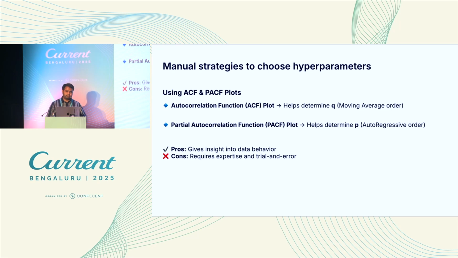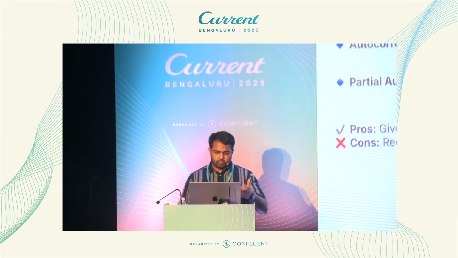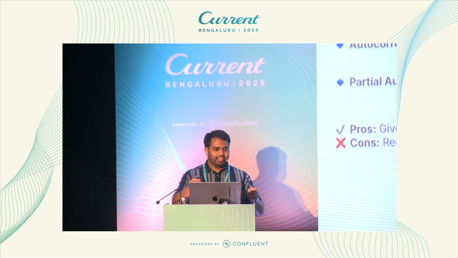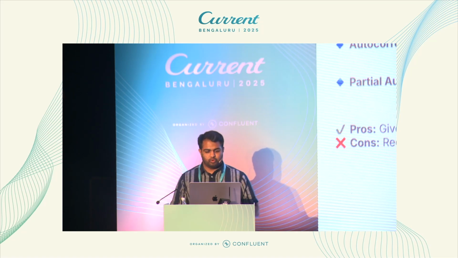The reason the ACF tells us Q is that it captures how past forecast errors propagate. And the PACF plot helps with the direct relationship between a value and its past value, ignoring the effects of other lags that fall between them. The reason the PACF helps us is that it isolates the direct relationship between a given point and our current point to help figure out the forecast.